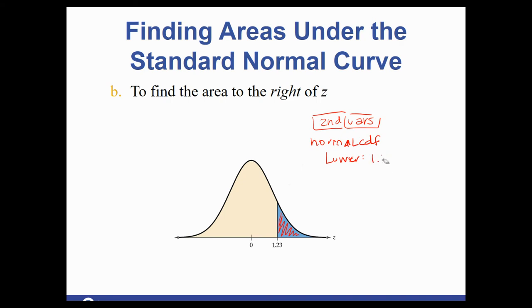Remember, this is our left side. And this time for the upper, which is the right, because we are going all the way to positive infinity, we're going to use a positive 100. Mean and standard deviation are always 0 and 1 when we're using z's.